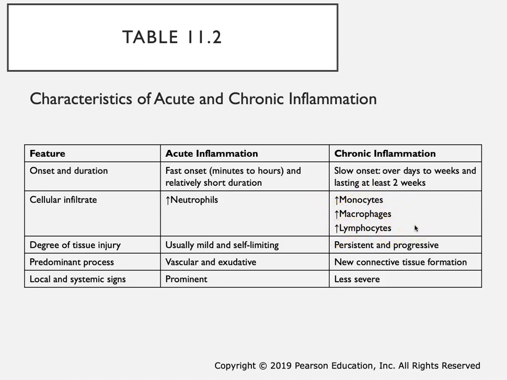Then the degree of tissue injury. Predominant process: vascular and exudative. I define that later on, so we'll come back to that. In chronic inflammation, new connective tissue is formed. I'll talk about that a little later as well.